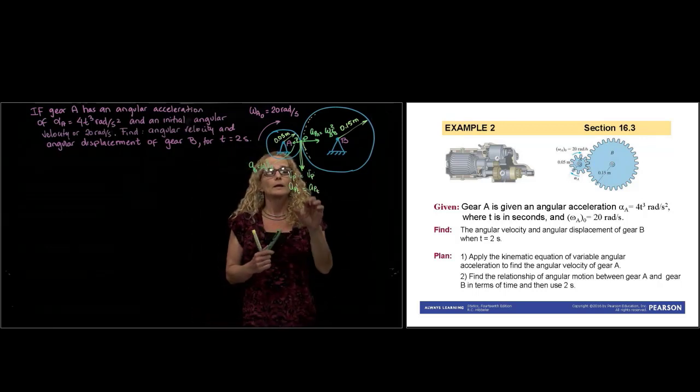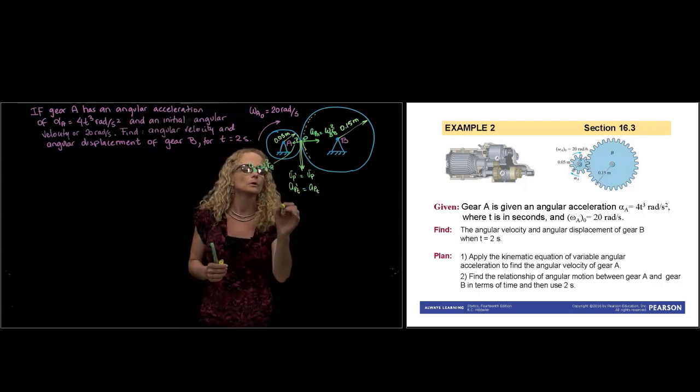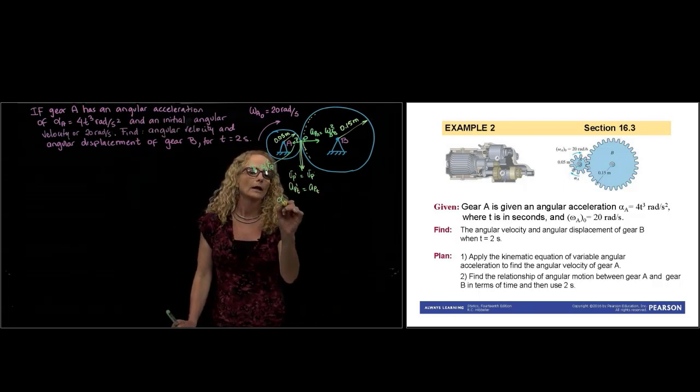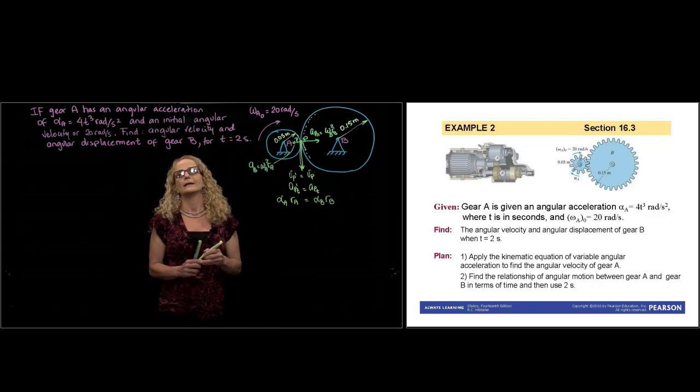We are able to relate the tangential acceleration, which in this case will be the angular acceleration of A times RA, and that will equal the tangential acceleration of B, alpha B times RB.